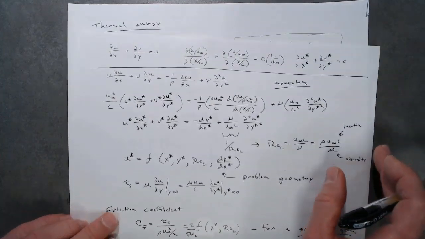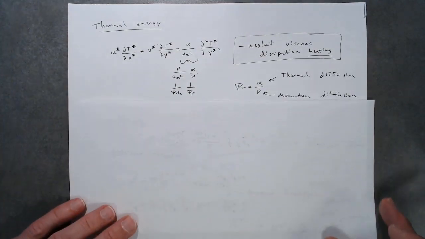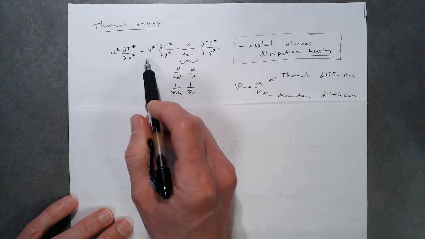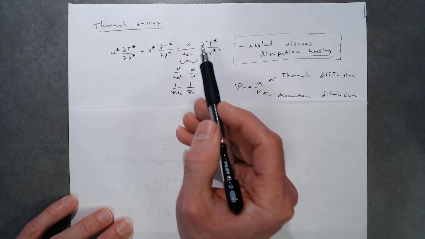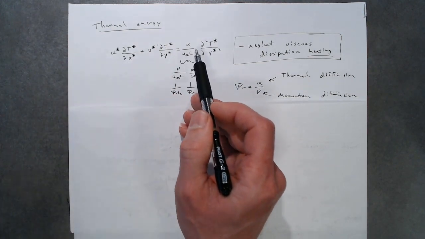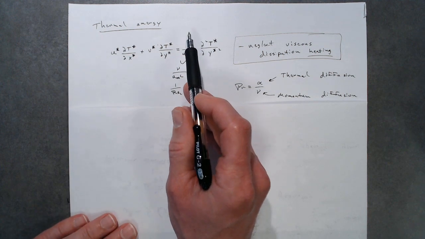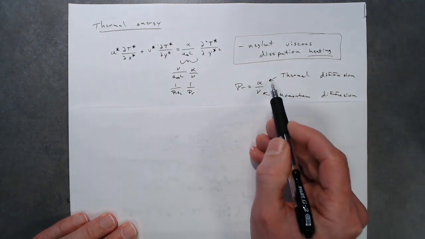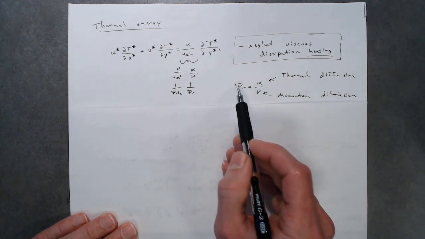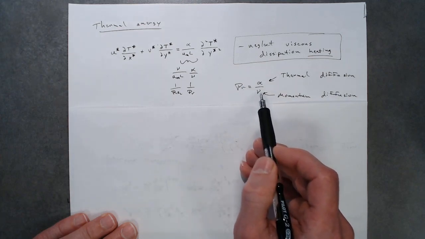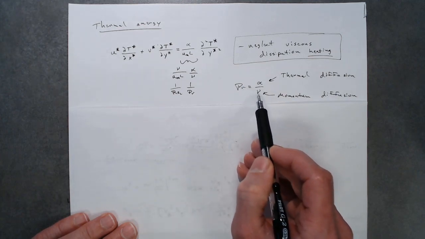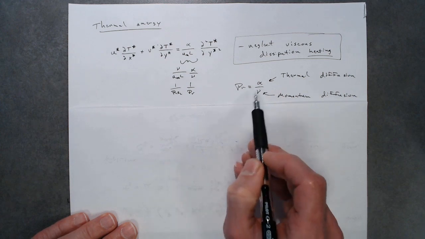So if we compare that to the thermal energy equation, we have a thermal energy diffusivity, or thermal diffusivity, of alpha, and we have a momentum diffusivity of nu, or kinematic viscosity.